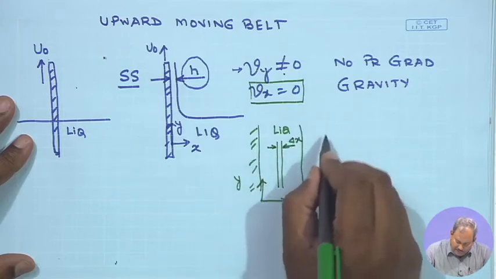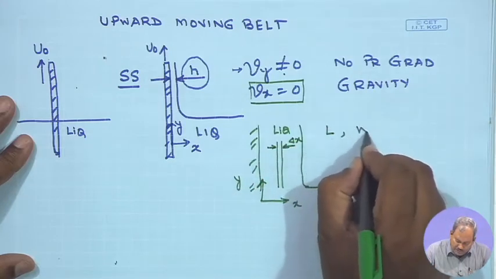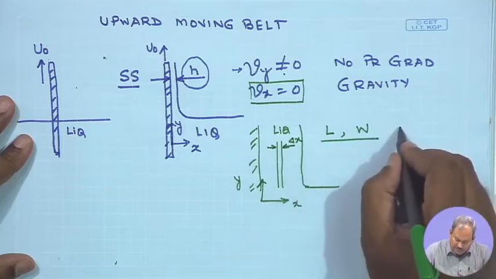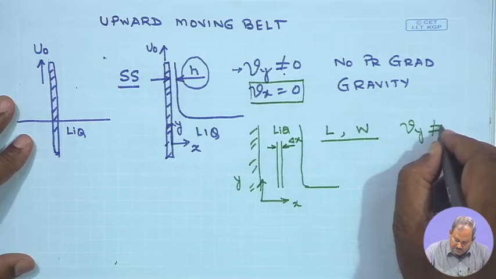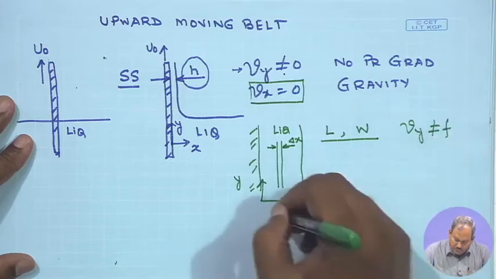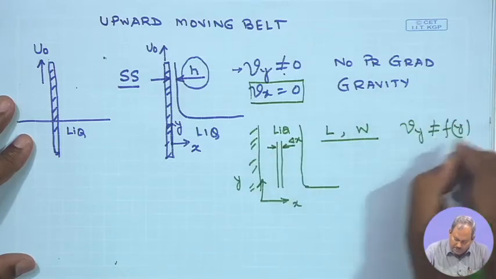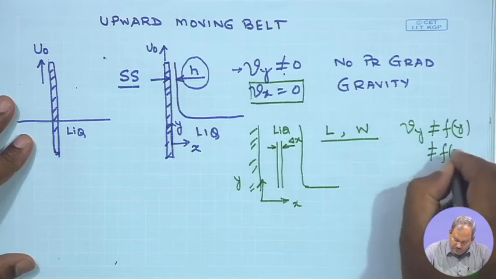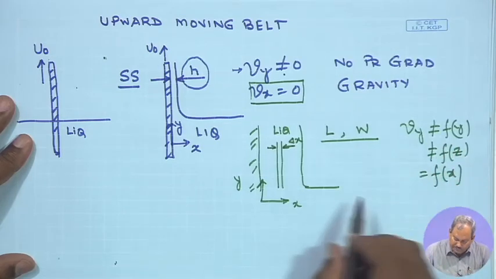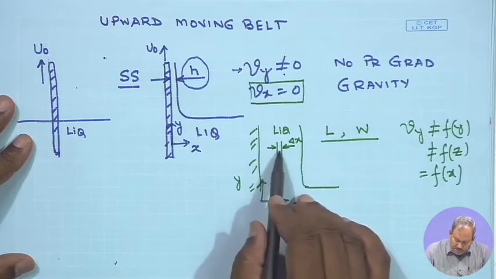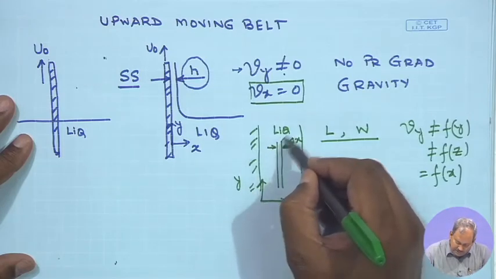It could be any length L, any width, does not matter, because V y is not a function of y, it is not a function of z, it is only a function of x. So, that is why I am taking my shell as this.